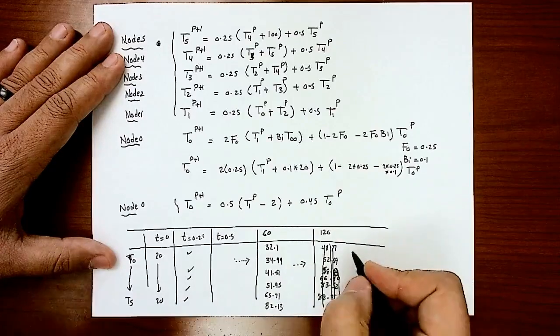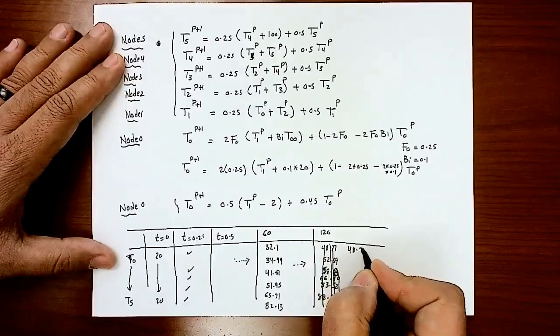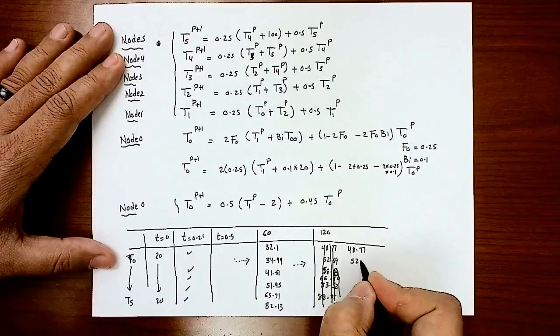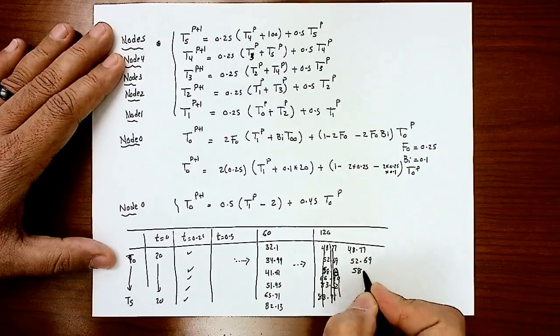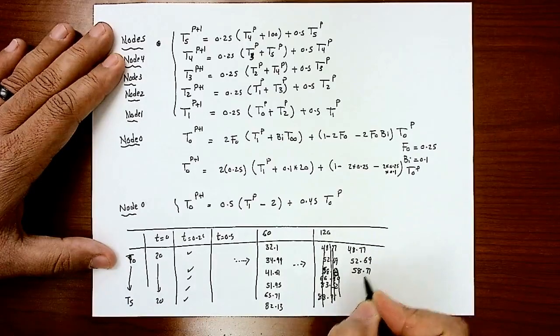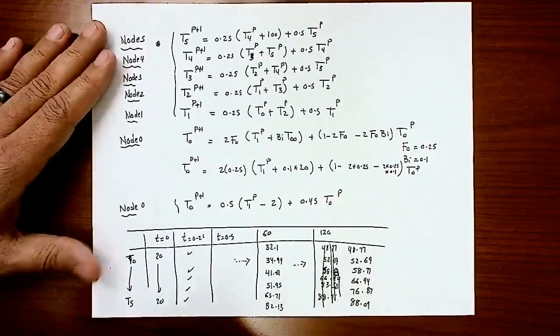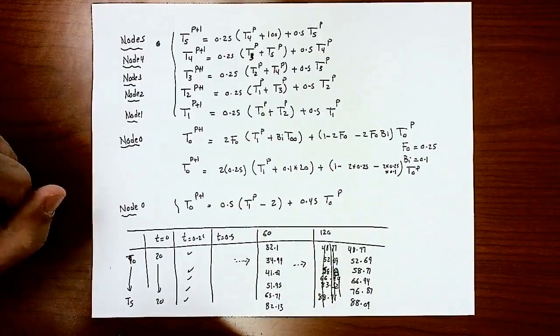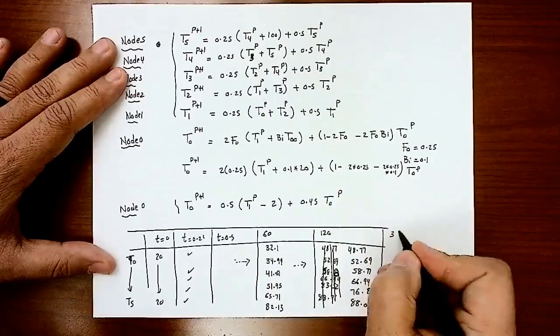I apologize for that. At 120, it's 48.77, 52.69, then 58.77, 66.94, 76.87, 88.09. Okay, that's at 120.